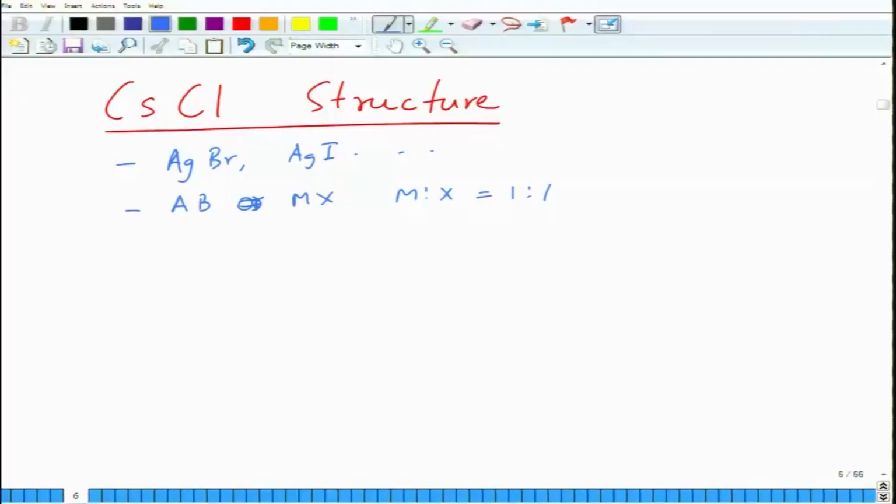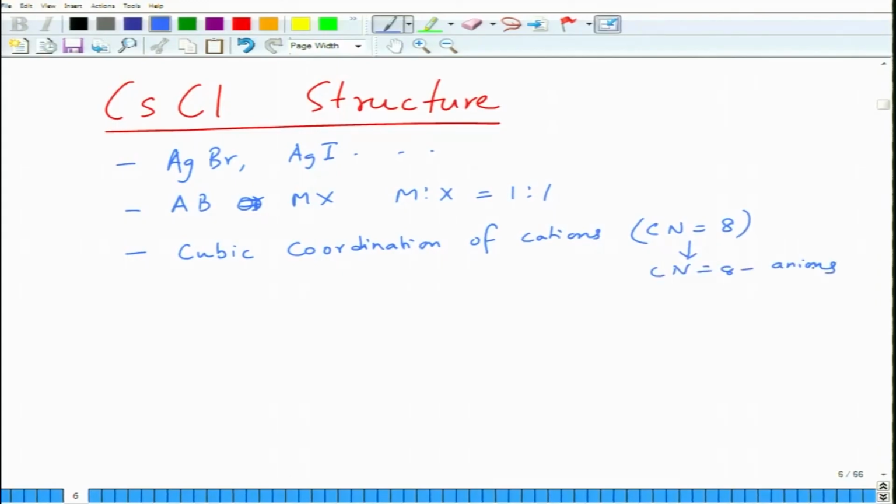So in this structure, based on radius ratio, we have cubic coordination of cations, which means coordination number is 8. This also results in coordination number of 8 for anions if you apply the bond strength rule. So the structure is something like the following.